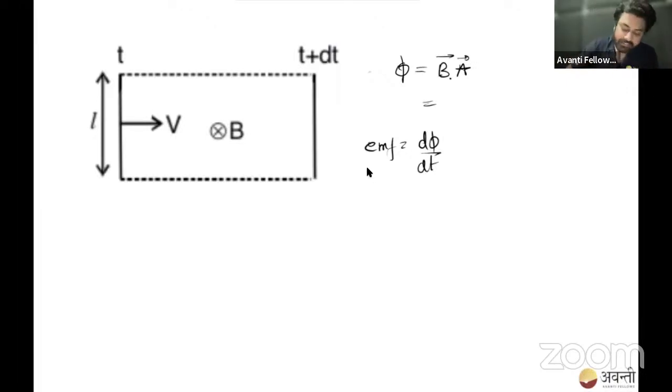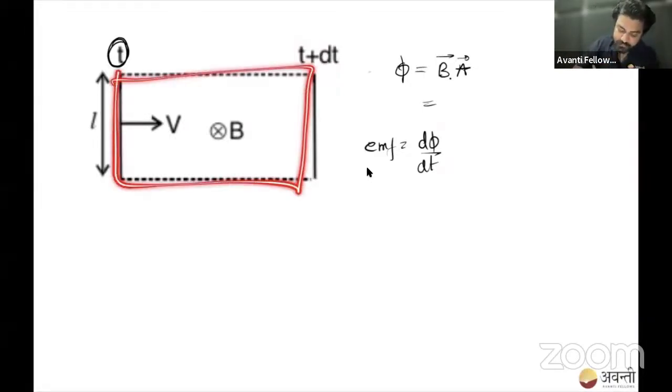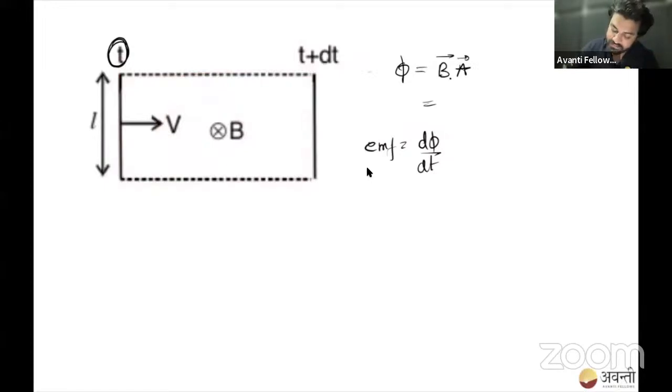So let's say at time t the rod was here, at time t plus small time dt the rod came here. So how much change of flux happened? This much area into magnetic field.